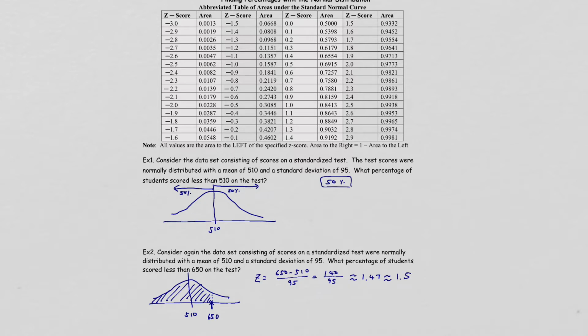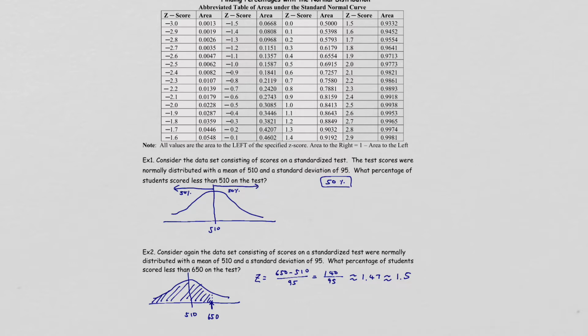When I find 1.5 from the table, 1.5 is right there. Z-score 1.5. The area is your percentage, or probabilities, which will be 0.9332. If we want to change that to percentage, you multiply by 100, so it will be 93.32%.